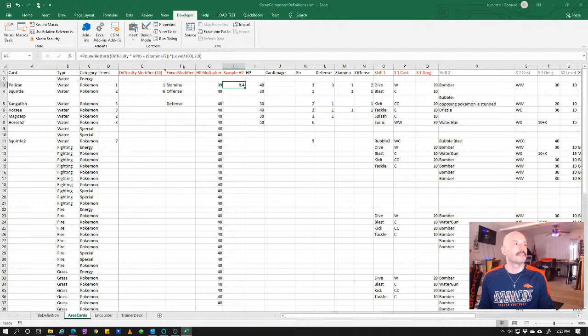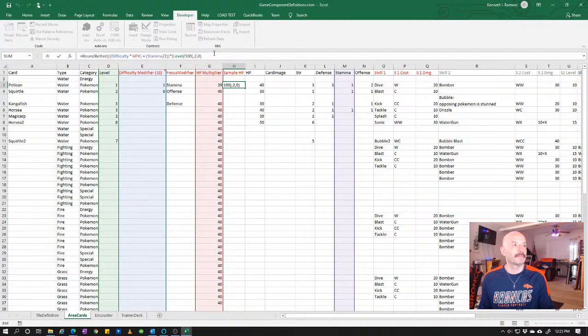So we have our round better. We got our number, then our number of places, which is the second number, and then we have our round point. Round point is going to say, I believe we round up, so we should probably say round point.